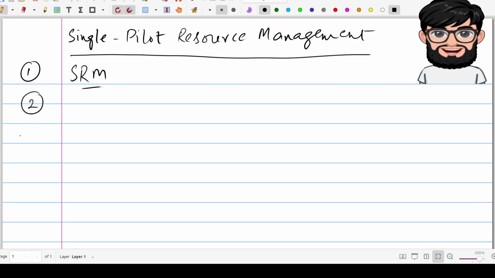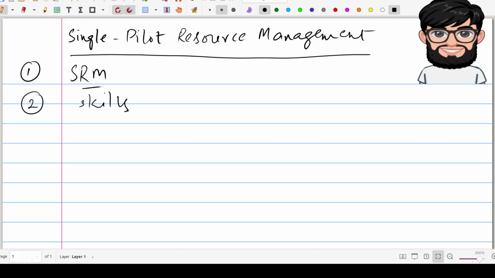So again, this is an art and a science where all the resources are available. And what are examples of the skills necessary for effective SRM?